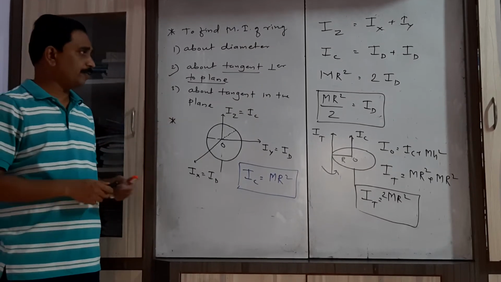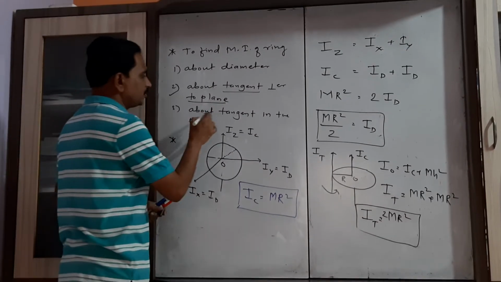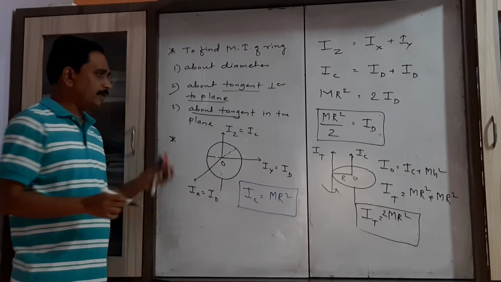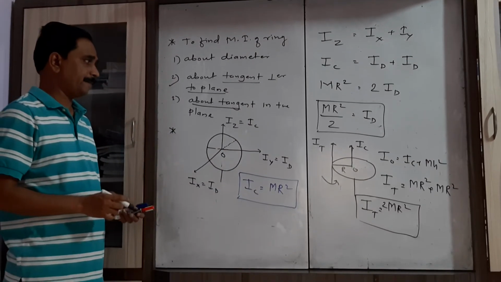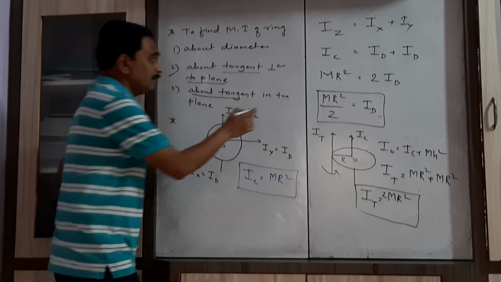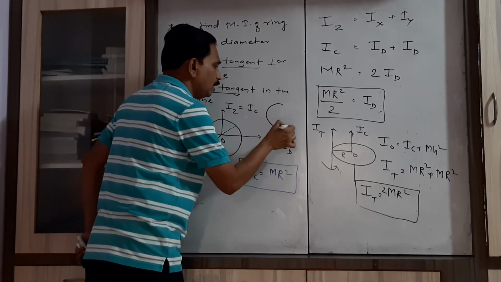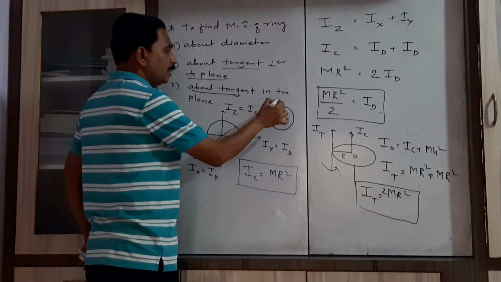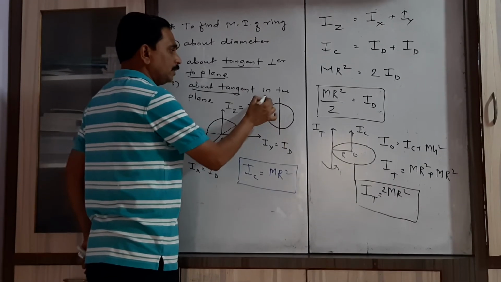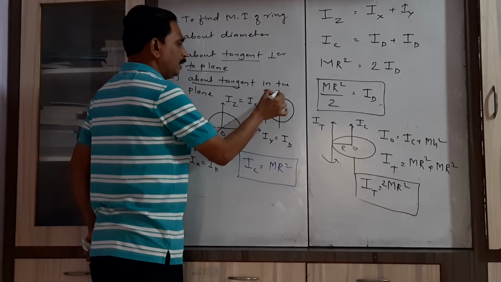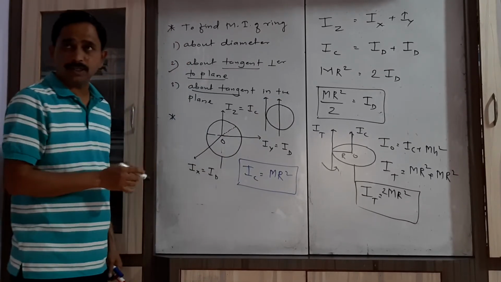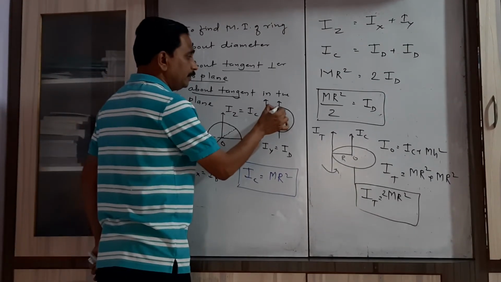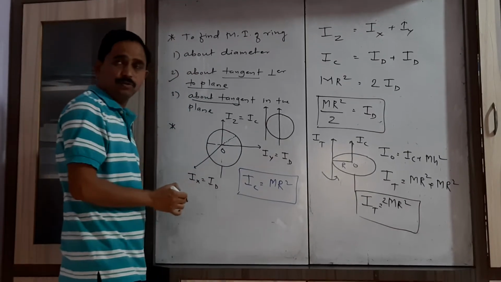Now when we want to find the moment of inertia of a ring about a tangent in the plane, what is the change? Now you have to keep that ring in a vertical plane. That's why the axis which is passing through the center touches at the two points.